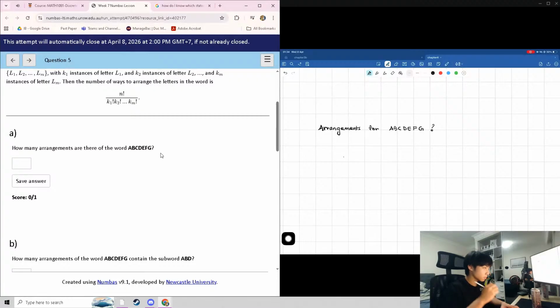So repetitions not allowed, and order matters.